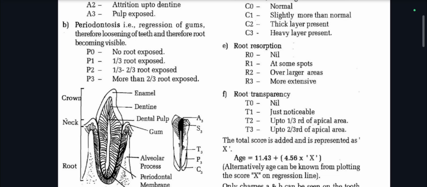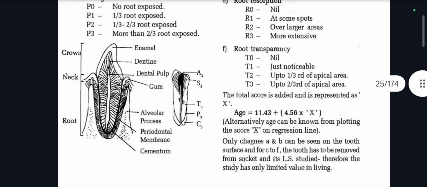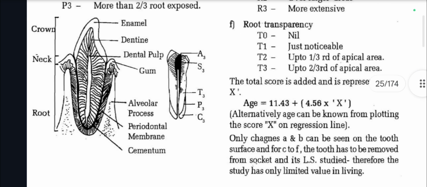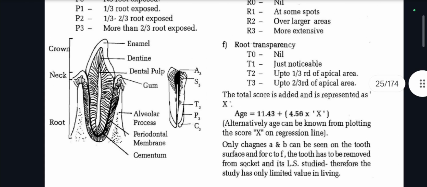Obviously if gums are going to decrease in size, then there would be loosening of the tooth. That is why they said in periodontosis there is decrease in the size of gums, therefore loosening of teeth and therefore the root becoming visible. Root is present at the bottommost site.